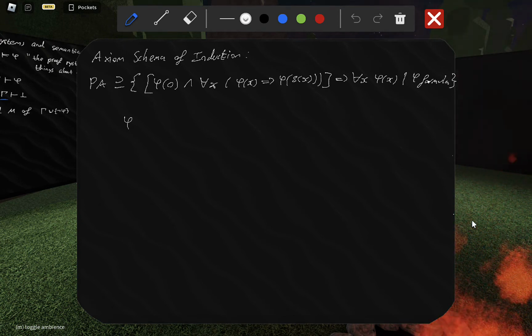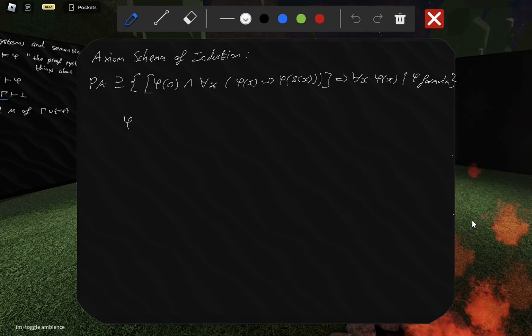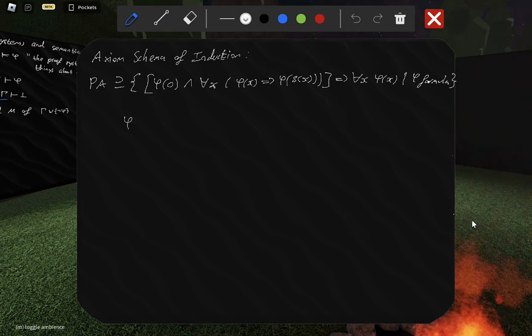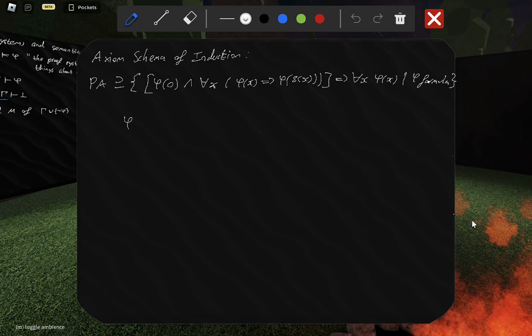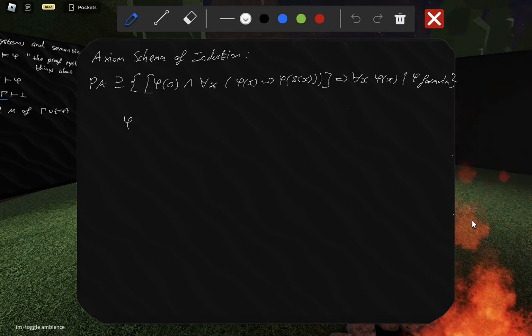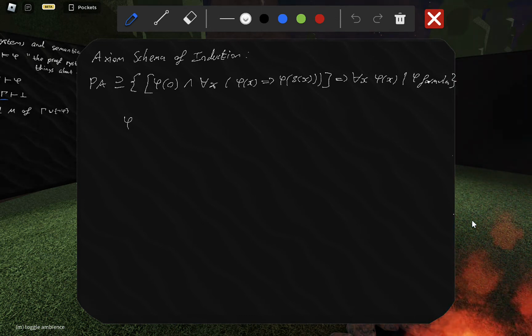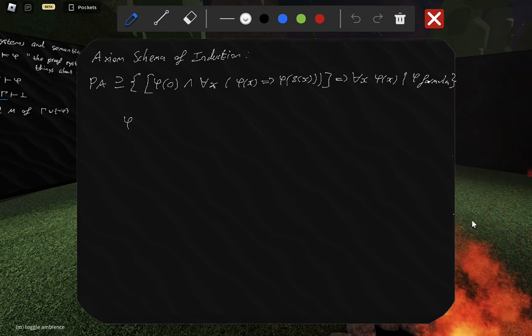Yeah. You're saying that the set of subsets of n is not all possible subsets or something. Yeah. And that's what makes this axiom schema of induction, that's what allows the sort of incompleteness of arithmetic, or any first order theory that extends arithmetic, to be complete.